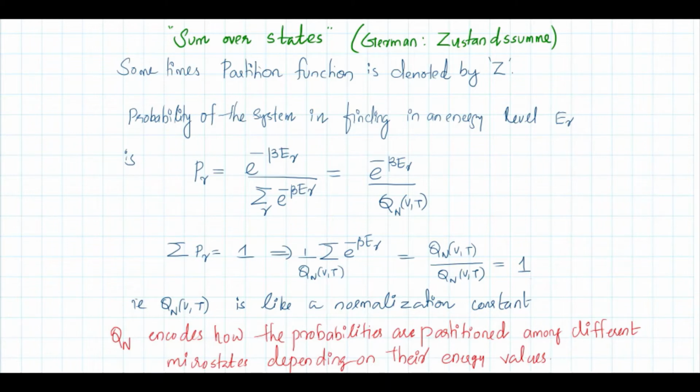Or we can say that Q_N encodes how the probabilities are partitioned among different microstates depending on their energy values. That is why it is known as the partition function. You will get more idea about the partition function as we proceed further.